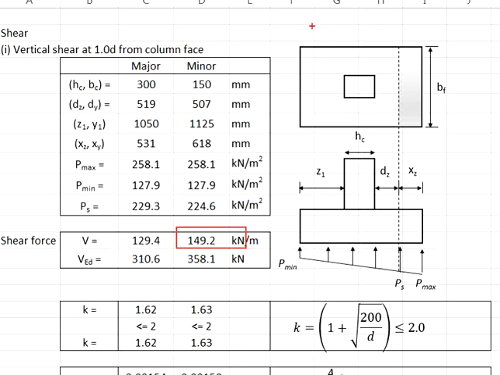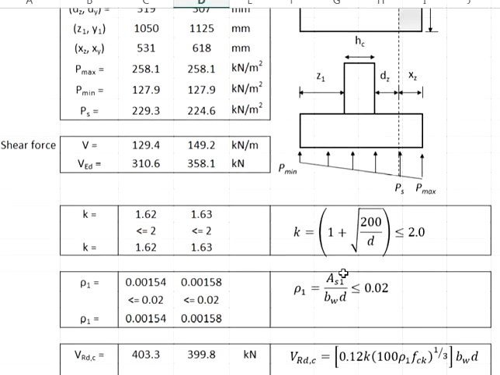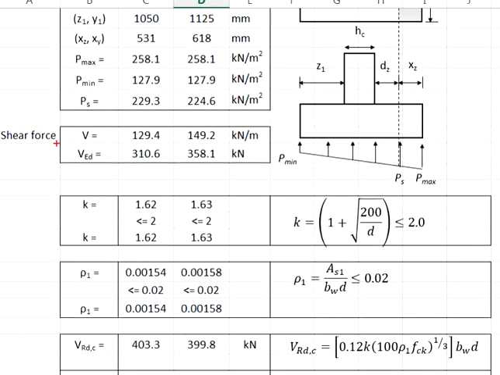Take this shear force, multiply this width, and the width is equal to 2.4 meter also. You get your total shear force equals to 358.1 kilonewton. Later, we will need to check the shear resistance against the calculated shear force.